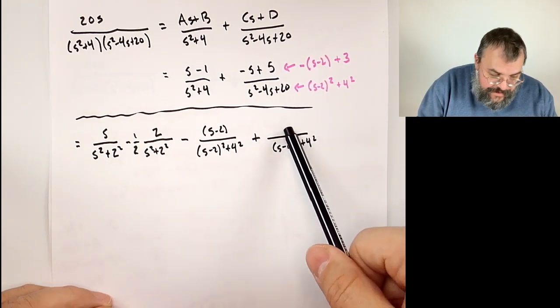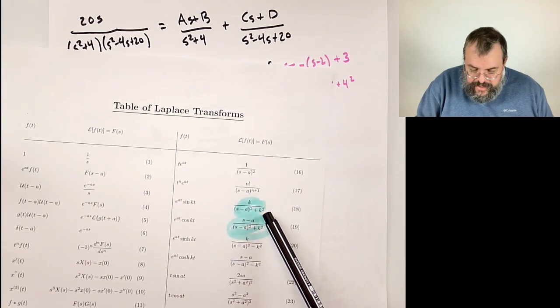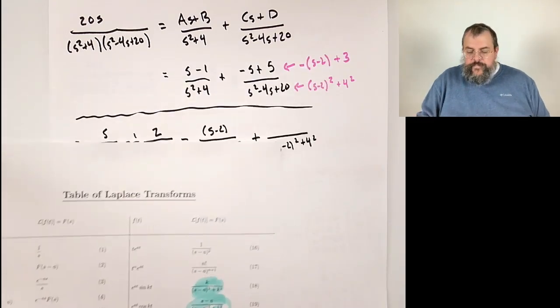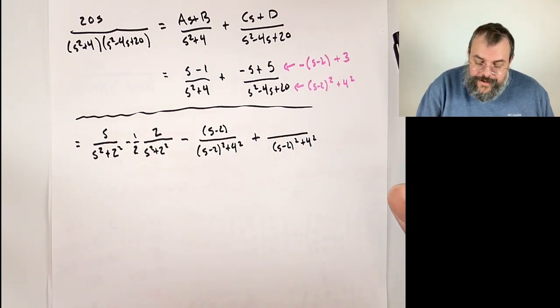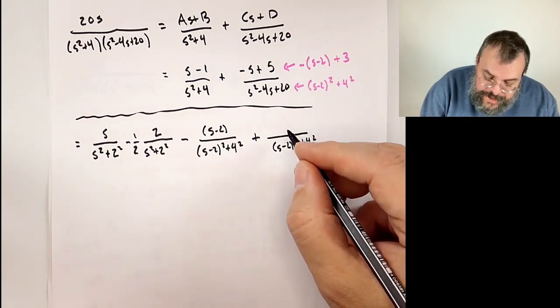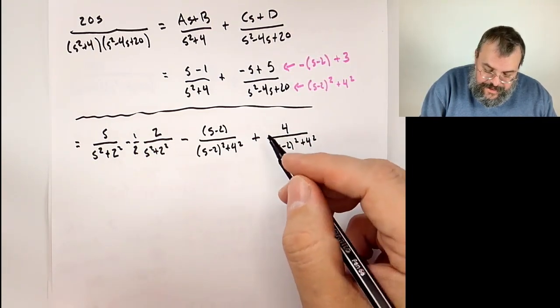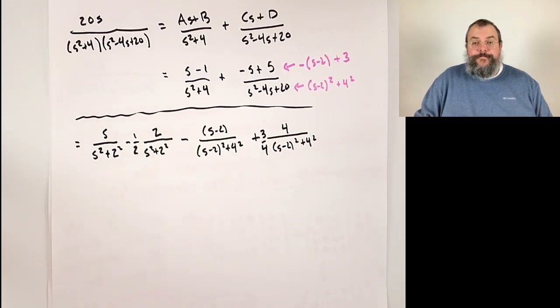We want this to match. If it's k squared, it should be k, so we should have a 4 up there. What does this say we should have? It says we should have a 3, but we want a 4. So we're going to put a 4. So how do we compensate? Well, multiply 3/4 in front.